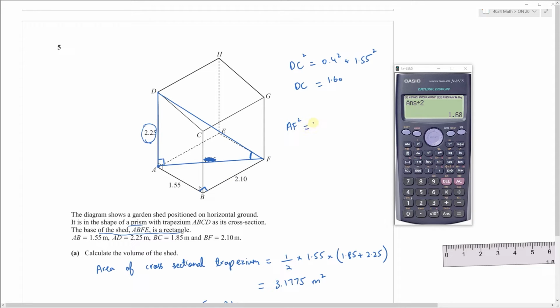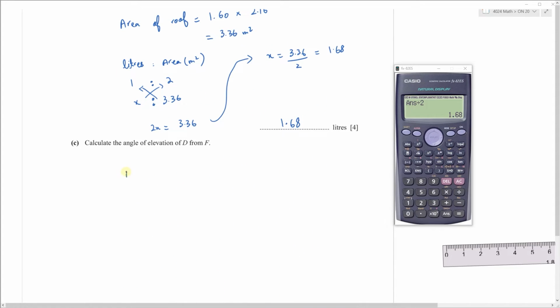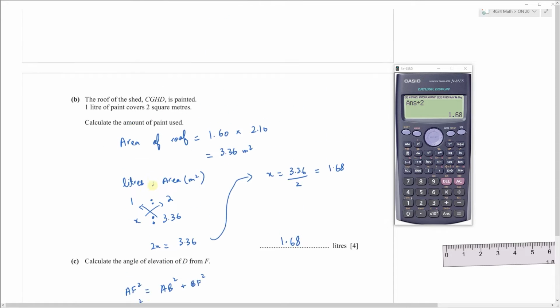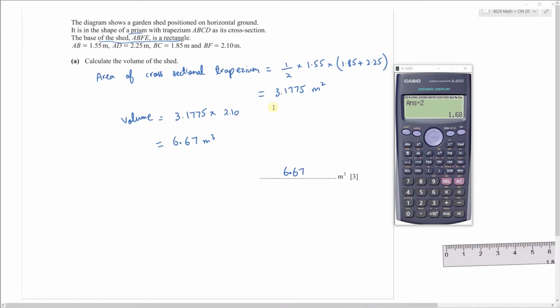AF square will equal AB square plus BF square. So let's calculate this. AF square equals AB square plus BF square. So let's substitute the values now. AB is 1.55, BF is 2.10.